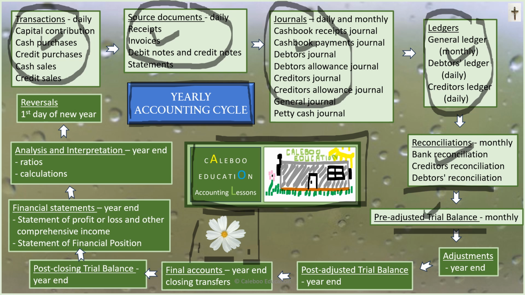Then at year end, adjustments take place, and you get different types of trial balances. Post-adjusted, that means after the adjustments, another trial balance is drawn up. We will discuss adjustments at a much later stage. Then the final accounts are drawn up, so trading, profit and loss accounts.